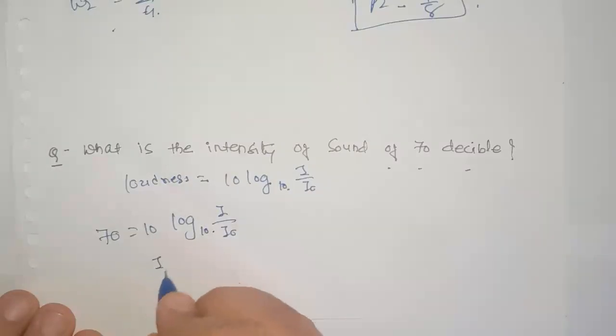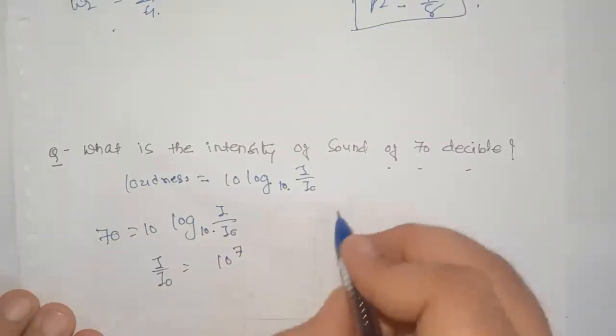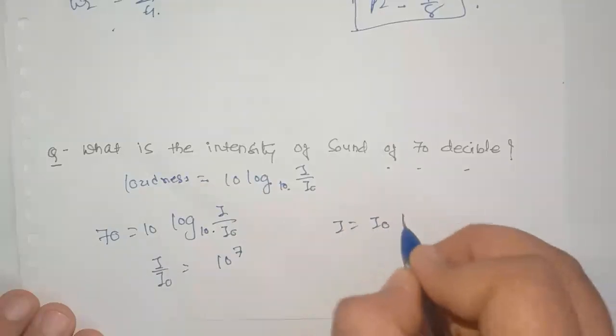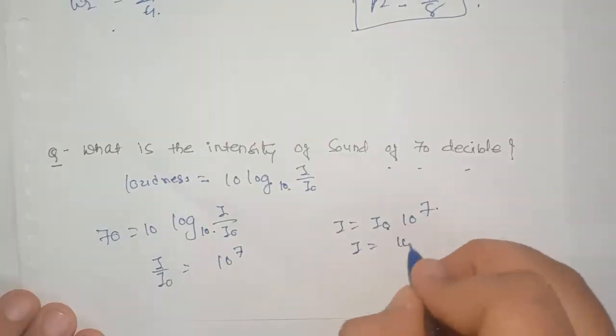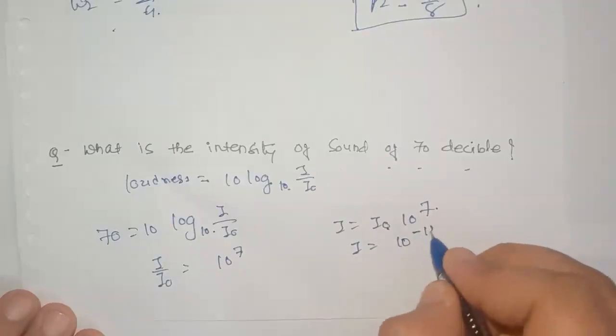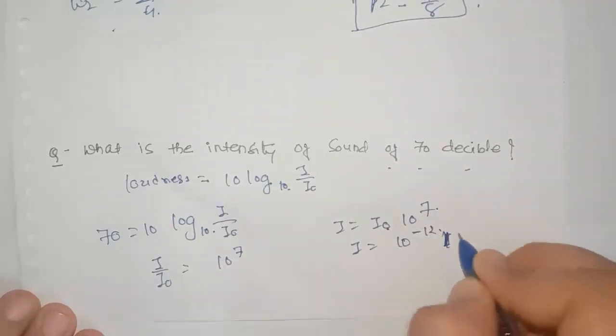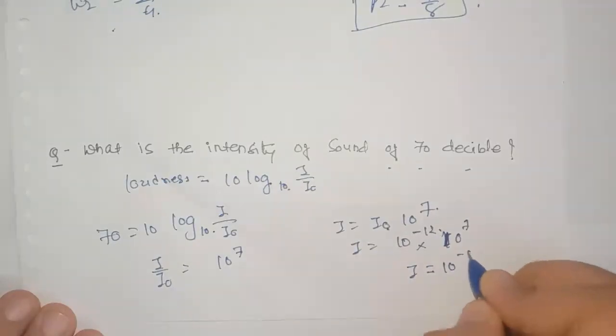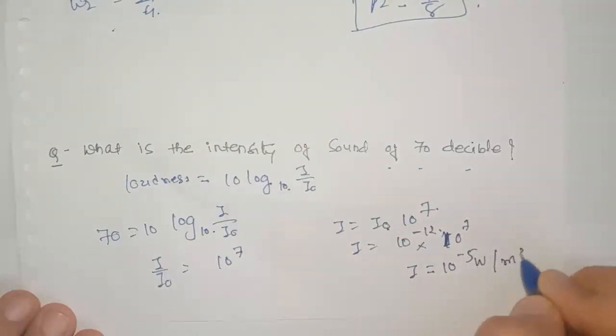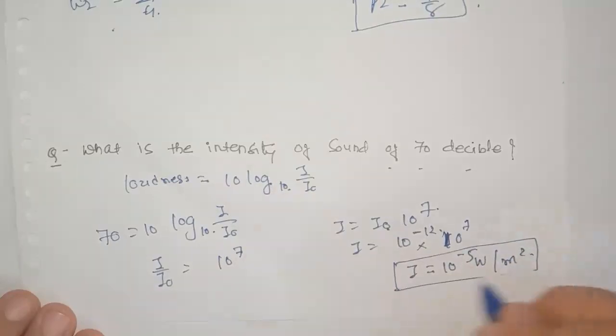So I upon I naught is equal to 10 power 7. So I will be I naught times 10 power 7. I naught is the threshold intensity, that is 10 power minus 12, into 10 power 7. So I will be 10 power minus 5 watt per meter square.